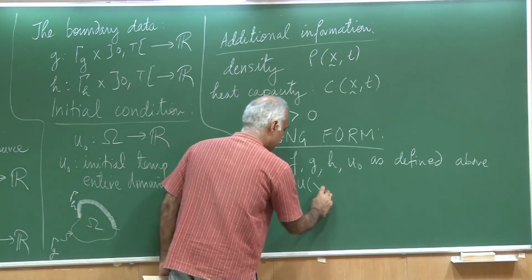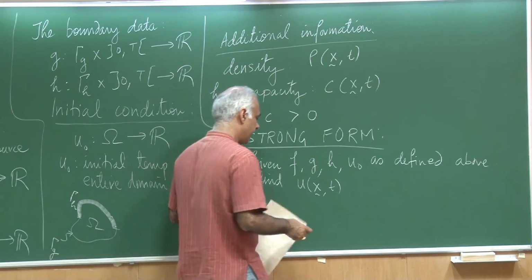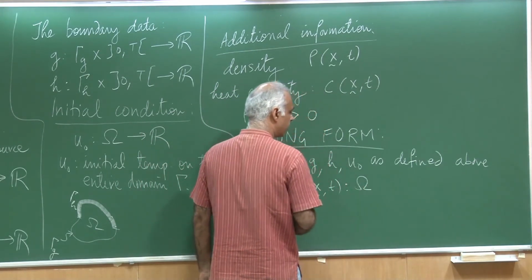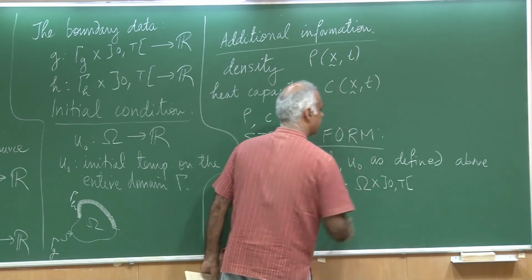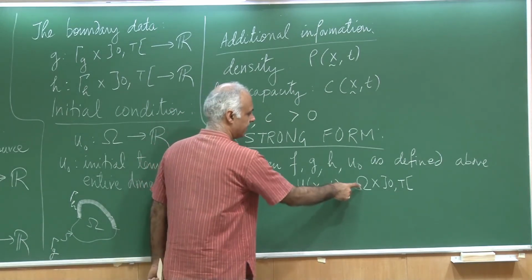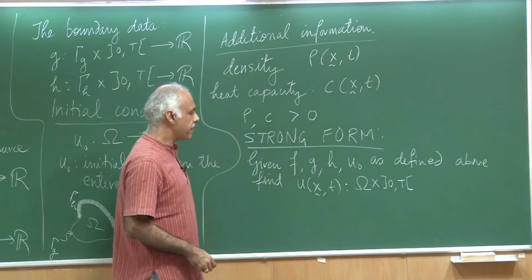It depends on x and it depends on time t, and it is such that the spatial domain is omega and the time domain is 0 to T. So, x varies in omega and time varies between 0 and T.